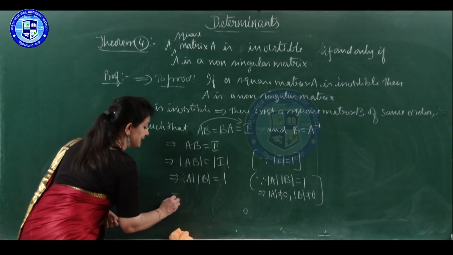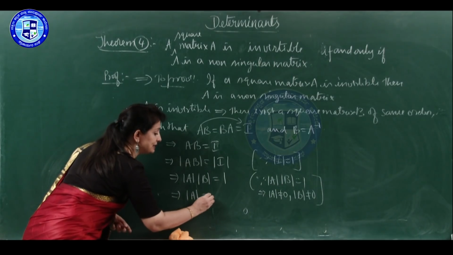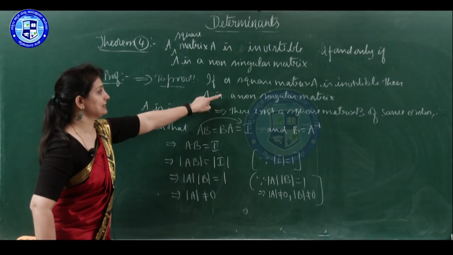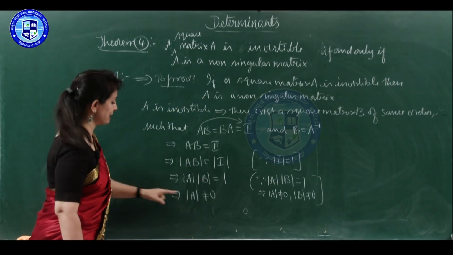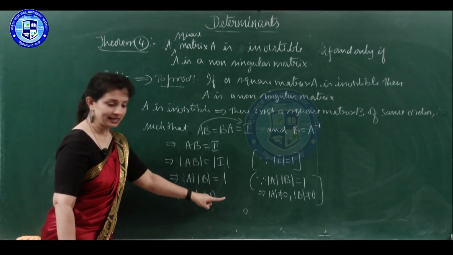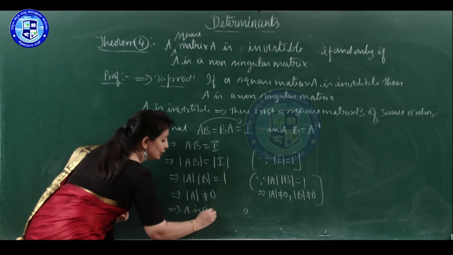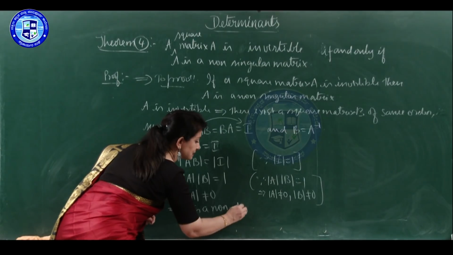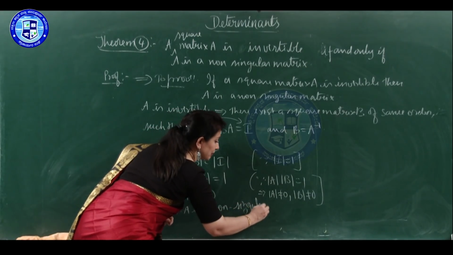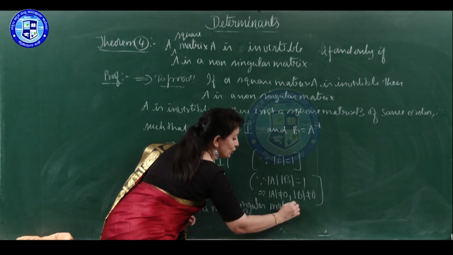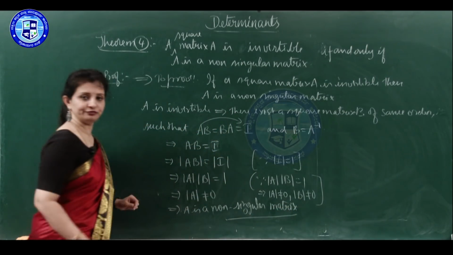So that implies determinant A is not equal to 0, because we have to prove A is a non-singular matrix. Here we got determinant A is not equal to 0. That means what? A is a non-singular matrix. Hence proved.